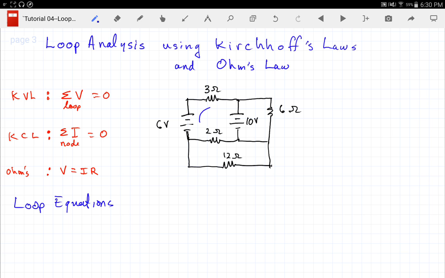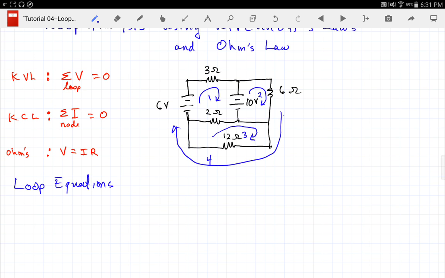So I'll call this here loop 1. This here loop 2. This here loop 3. Now there are a few more loops than I'm showing here, but I'm going to show a 4th loop that goes all the way around the outside that I'll call loop 4. And so let's make the equations for each one of these.